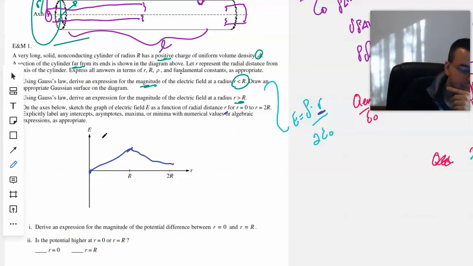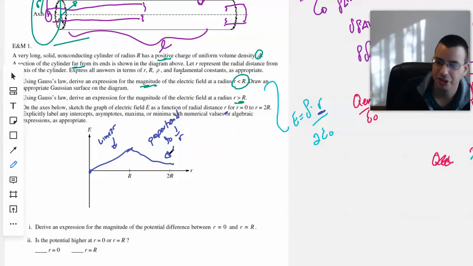So this is linear, and this is proportional to 1 over r.